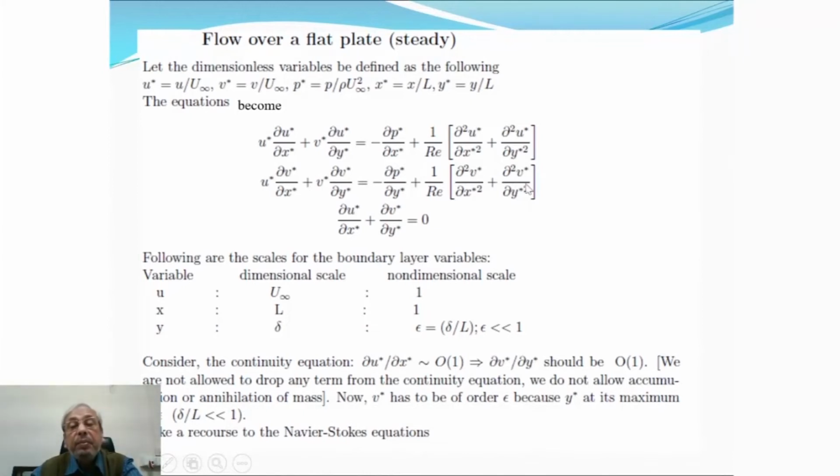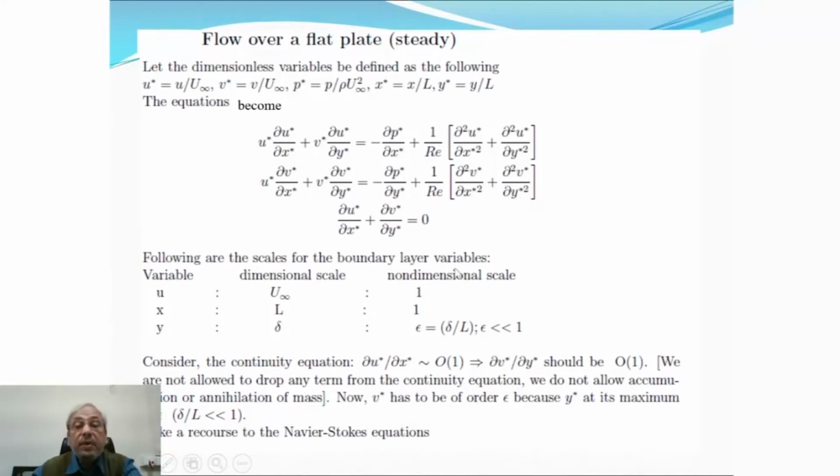Similarly, we get the y momentum equation, where the pressure gradient is minus del p star del y star, and also in the viscous term we get 1 by Reynolds number into del 2 v star del x star 2 plus del 2 v star del y star 2, and this is the inertia term. And this is the continuity equation, del u star by del x star plus del v star by del y star equal to 0.